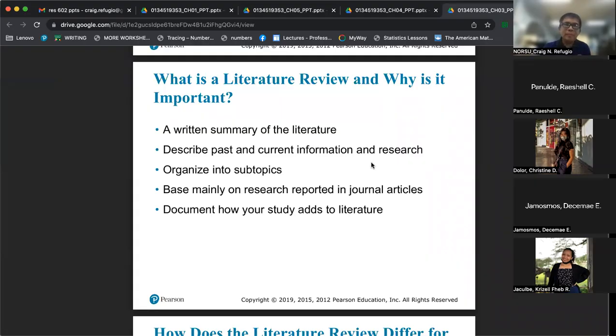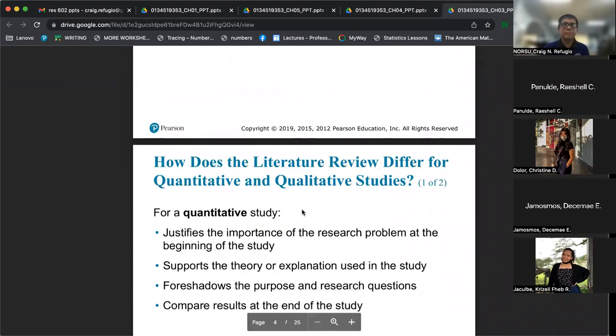A literature review is a written summary of the literature that describes past and current information and research, organized into subtopics based mainly on research reported in journal articles. It documents how your study adds to the literature.